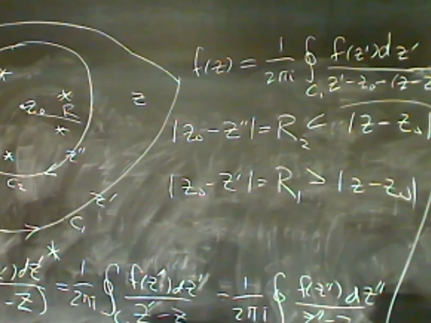In that way what we get is the sum n equals 0 to infinity. And notice this is an integral over z prime, so the z minus z0 can be brought outside.